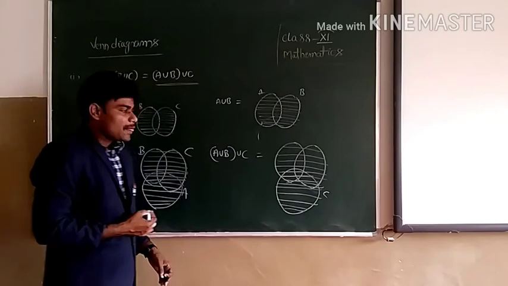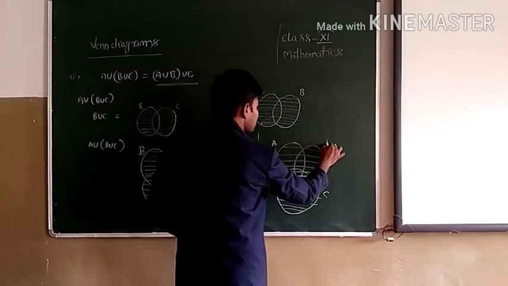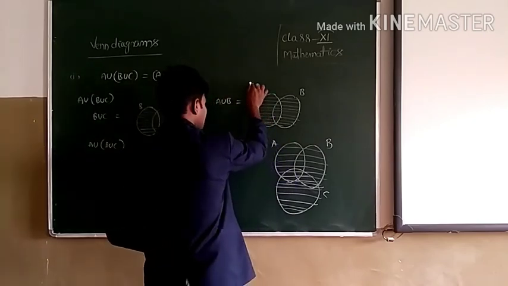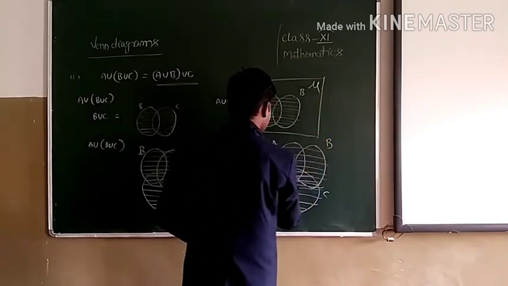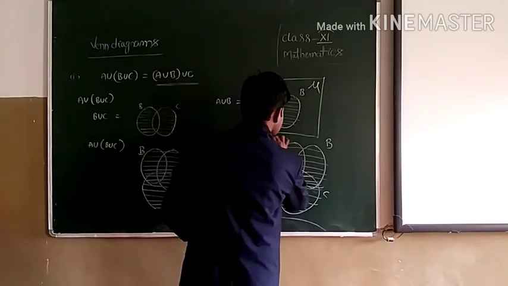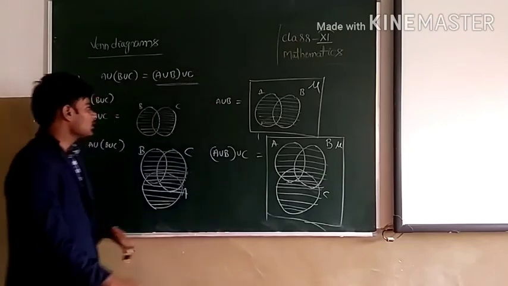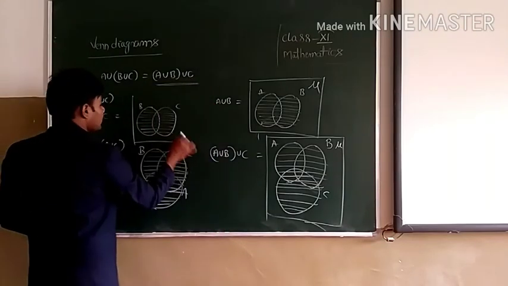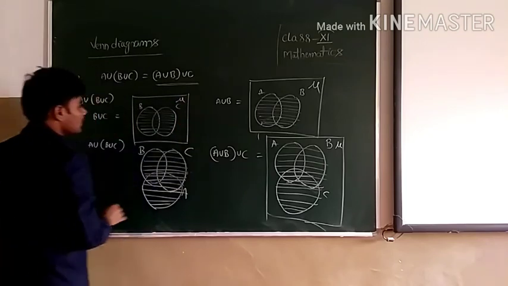This is A union B union C. This is A, this is B. We can write this under the universal set; every time we consider all of these sets from the universal set. Clear? This is the associative law under union, right?